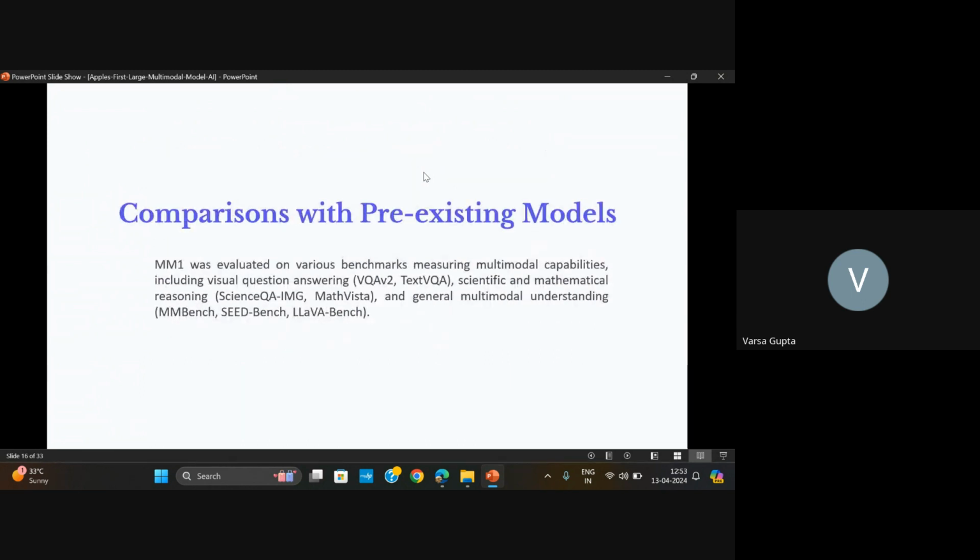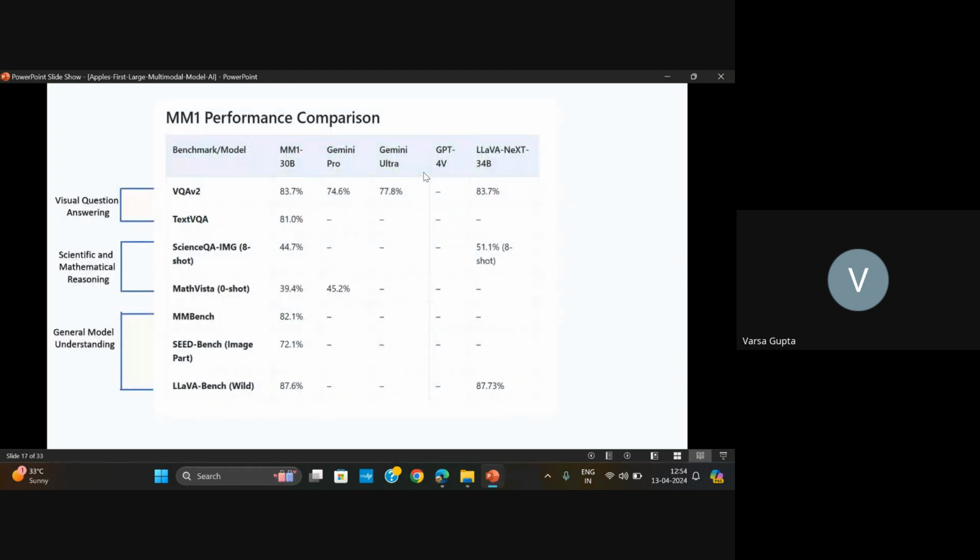Now comparing the MM1 with other pre-existing models. The MM1 was evaluated on various benchmarks, like visual question answering, scientific and mathematical reasoning, and general multimodal understanding. We see the comparison given in the table.